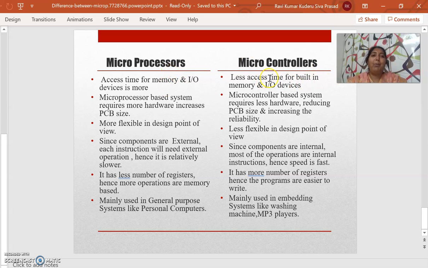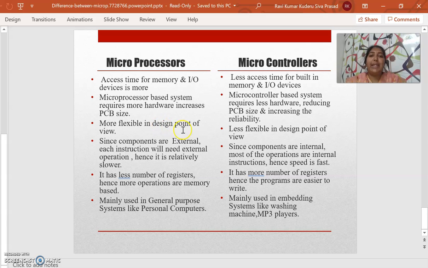But here both the memory and the CPU are internal components, so it requires less access time. Because of the external components, a microprocessor based system will increase the PCB size, printed circuit board size. But because of the internal components, it requires less hardware, which reduces the PCB size.